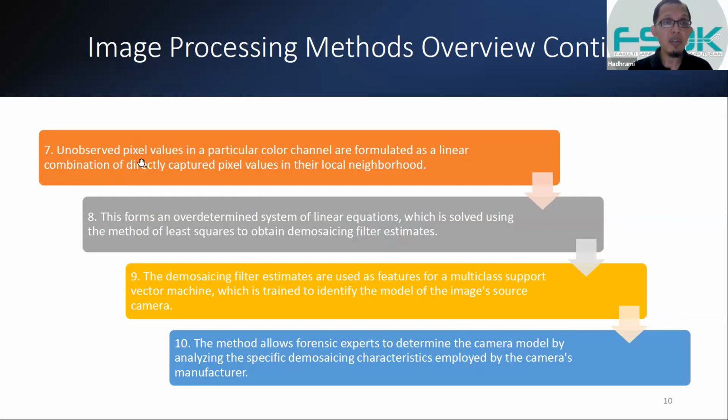Okay, so the unobserved pixel values in a particular color channel are formulated as a linear combination of directly captured pixel values in their local neighborhood. This is part of the demosaicing algorithm, right? For determining the unobserved pixel values. And this forms an overdetermined system of linear equations, which is solved using the method of least squares to obtain the demosaicing filter estimates.